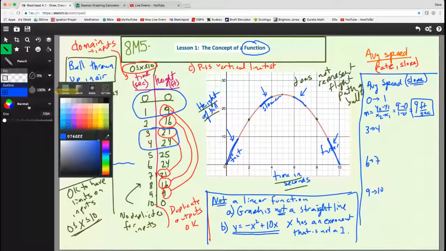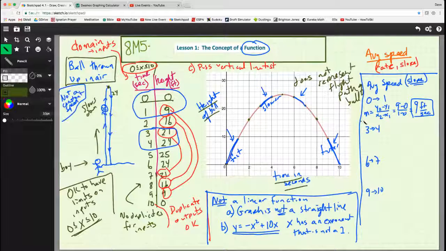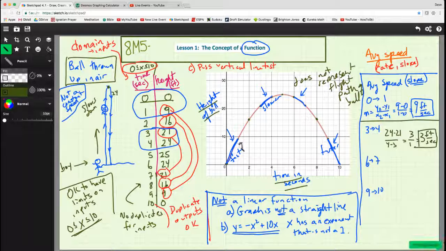Let's switch colors just because it will make it easier to see. 3 to 4, 24 minus 21 over 4 minus 3 equals 3 over 1 equals 3 feet per second. And that makes sense. It's slower. It's faster here. Here it's 9. Here it's 3.